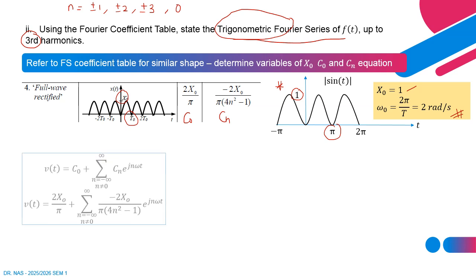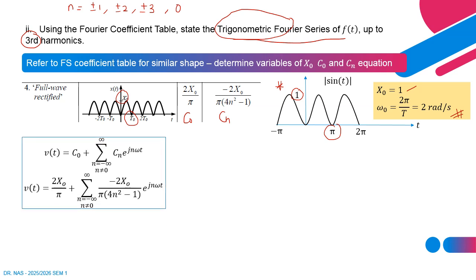Next, remember the basic equation of exponential Fourier series. So it is C0 plus the summation of Cn, the coefficients, e to the j n omega naught t. In this case, your omega naught equal to 2 radian per second, and n varies from 1 to 3. And then you need to look at your C0 and Cn equation.